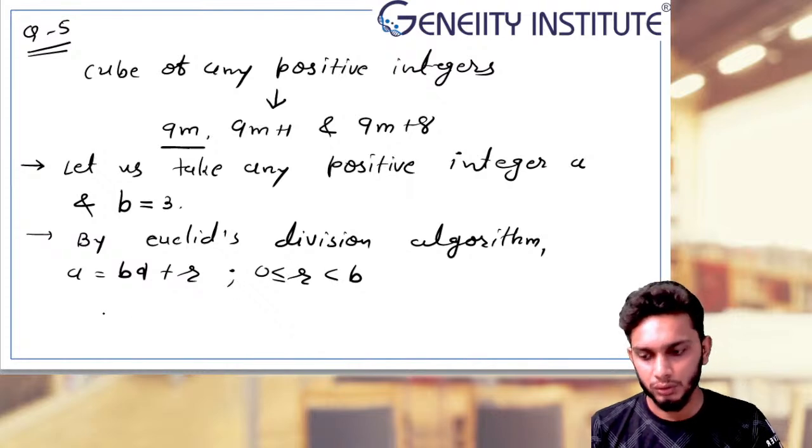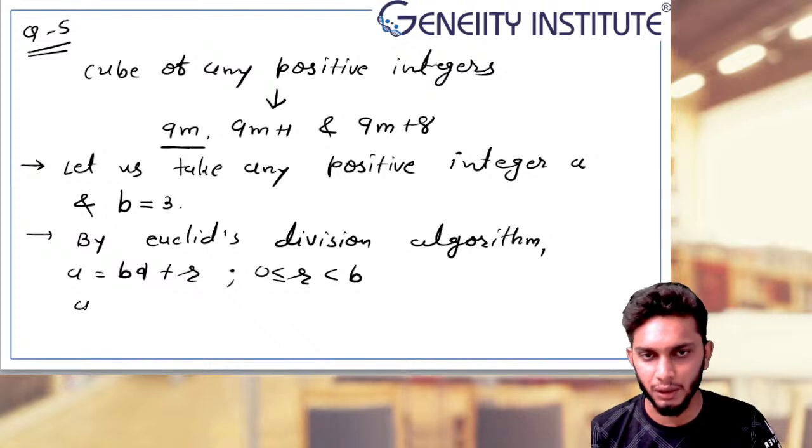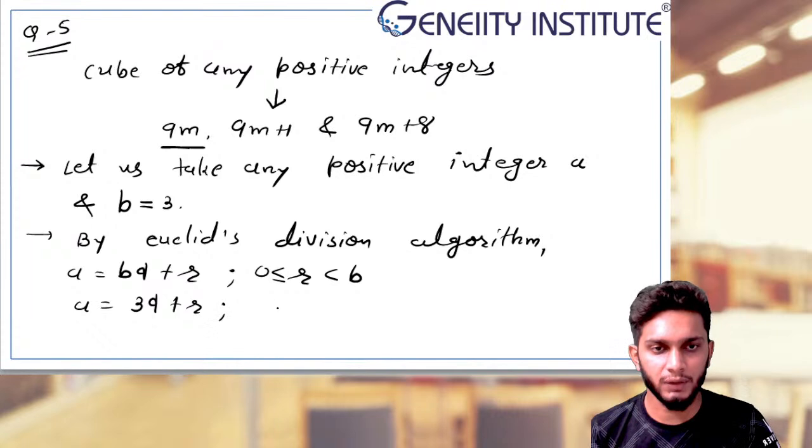So put the value of b. What is b? It means 3. So a equals bq plus r, where r is greater than or equal to 0 and less than 3.